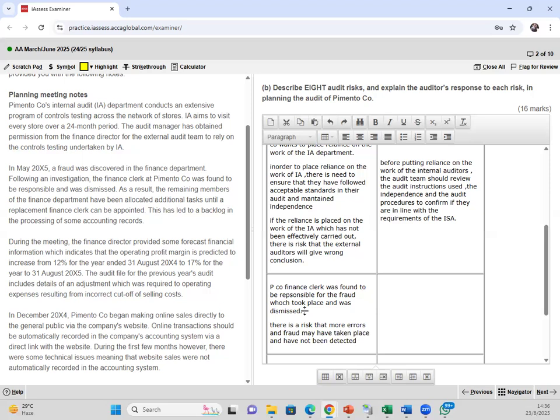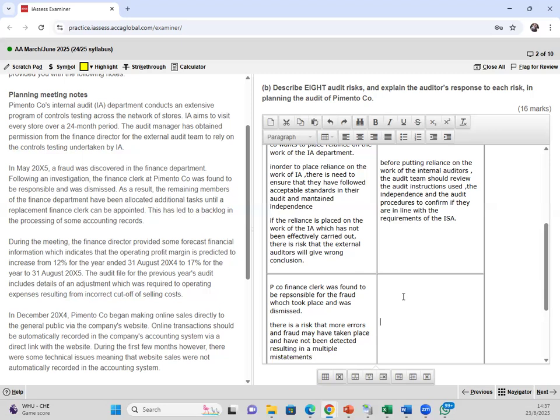More fraud and errors may have taken place and have not been detected, resulting in multiple misstatements.